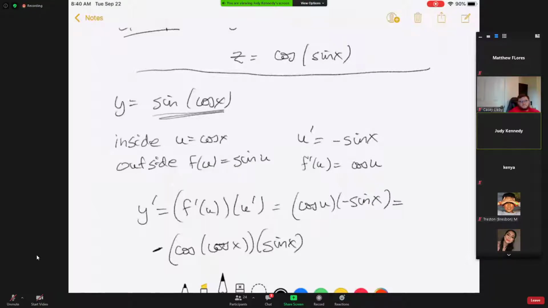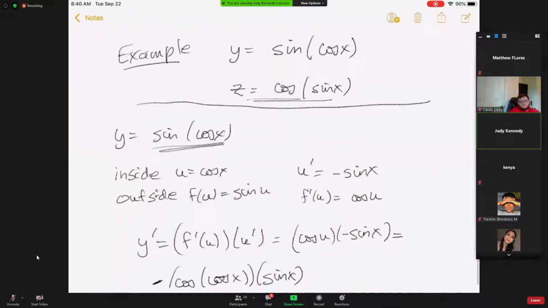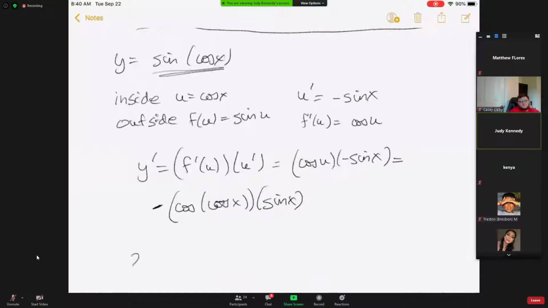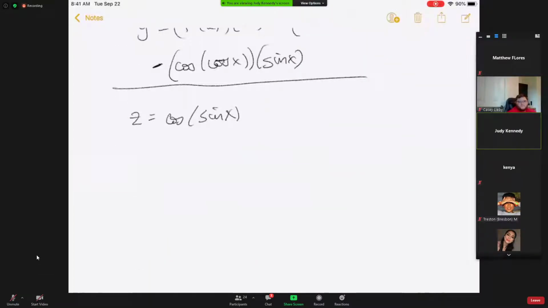If I switch the inside and outside, which is what happened with this z, then, okay, now my inside is the sine function, and my outside is the cosine.